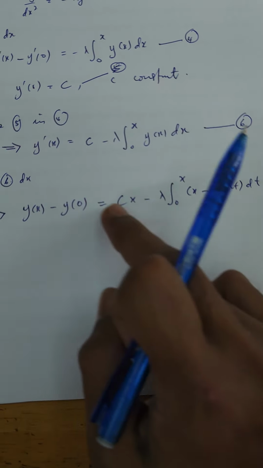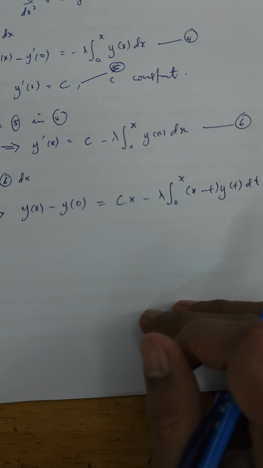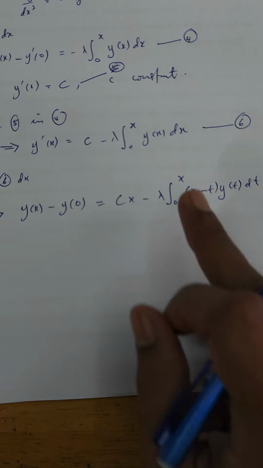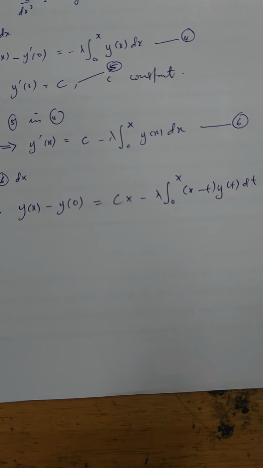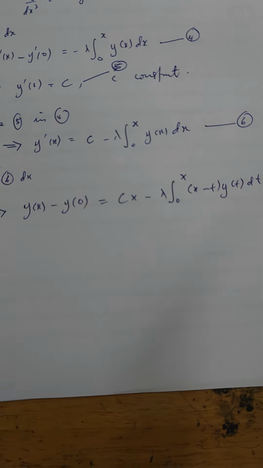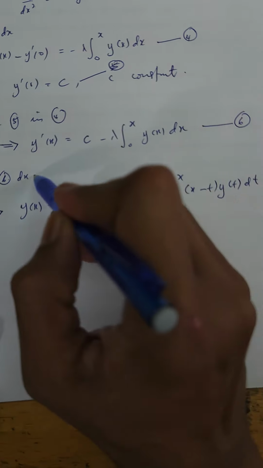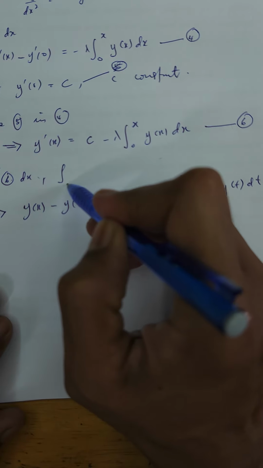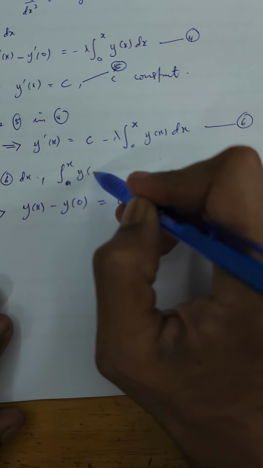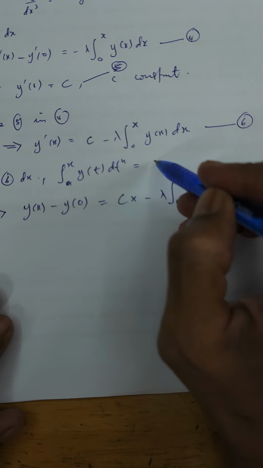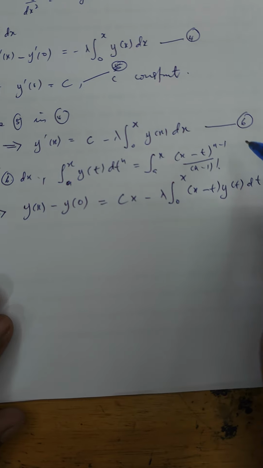Once we integrate, we use the relation that I mentioned many times: the integral from a to x of y(t) dt, n times, is equal to the integral from a to x of (x minus t)^(n-1) over (n-1)! y(t) dt.